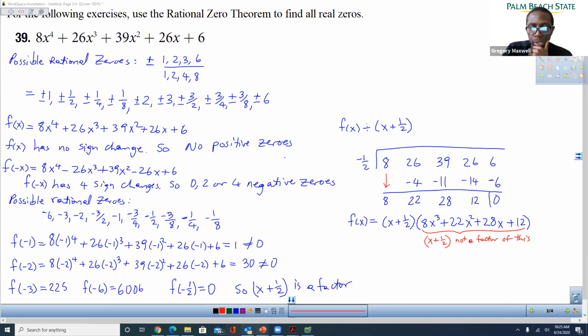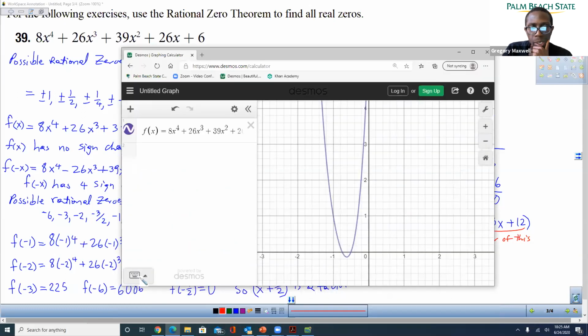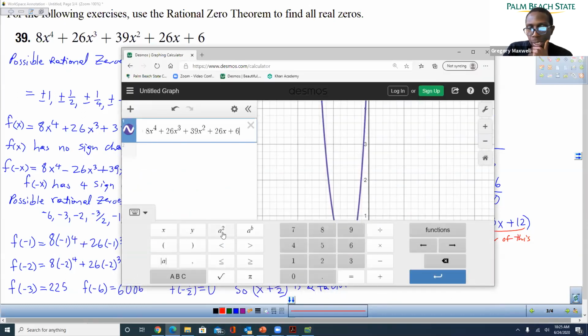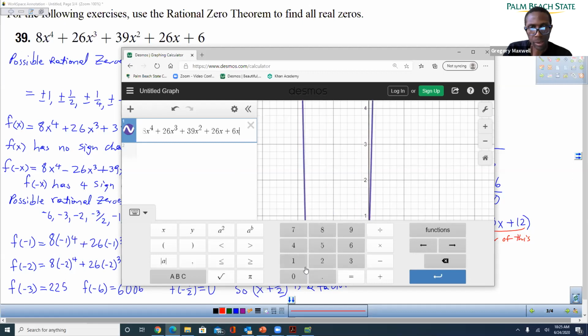To put the exponents, click on this little thing here, and there's a square, that's an exponent button. If I put X and then press this button here, it gives me a place for an exponent.